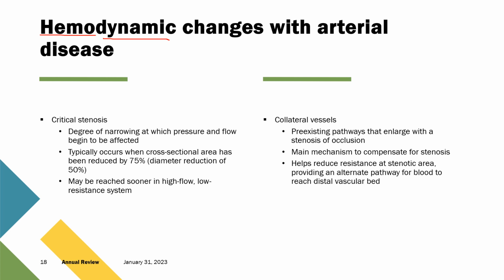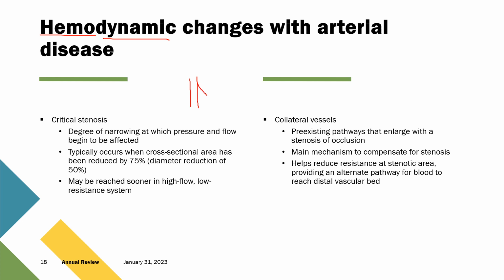Now, one of the things that can occur when we have a hemodynamically significant change or a critical stenosis is that our system can build collateral vessels. Collateral vessels, as you know, are vessels that are not original to a circulatory system but can develop. In our vascular system, we have pre-existing pathways that are basically fibrosed off.